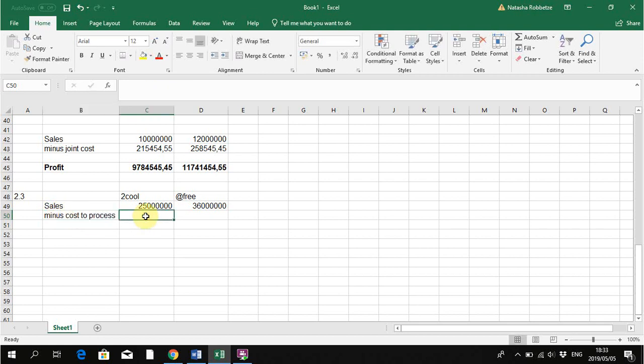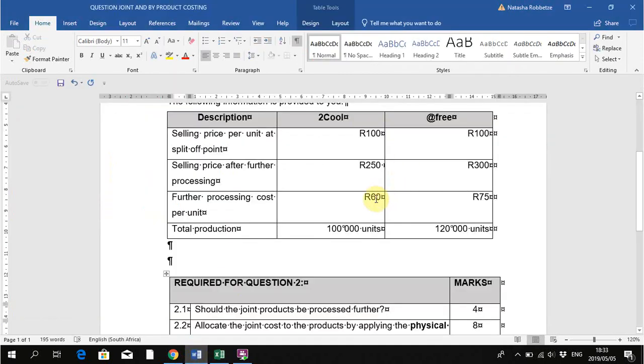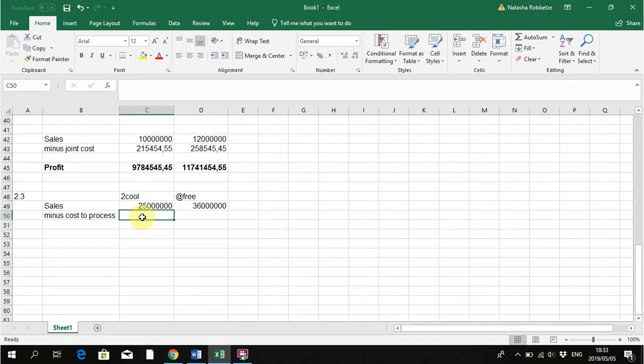And in the cost to process, you will simply use the value for further processing. So it was 60 Rand per unit and 75 Rand per unit. So here I'm going to say it is 60 Rand per unit times our 100,000 units. And here I'm going to say it is 75 Rand times the 120,000 units.